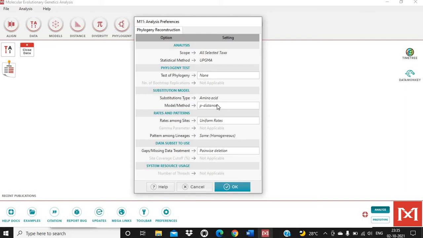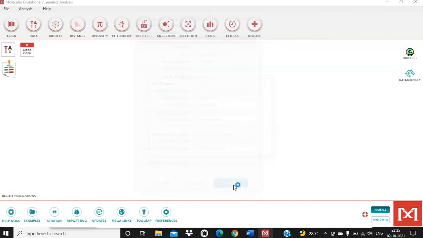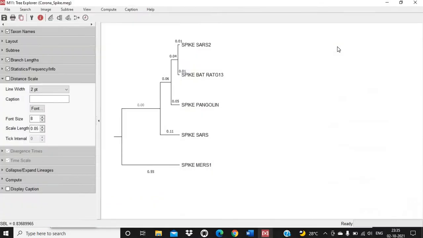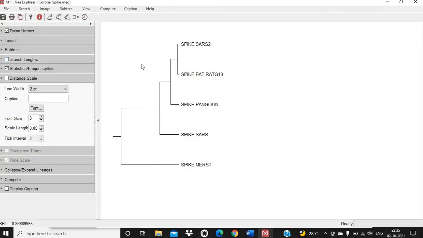So again we are going to use this p-distance. So you see here that spike protein from SARS-CoV-2 is closely related to spike protein from RaTG13, the bat coronavirus RaTG13.